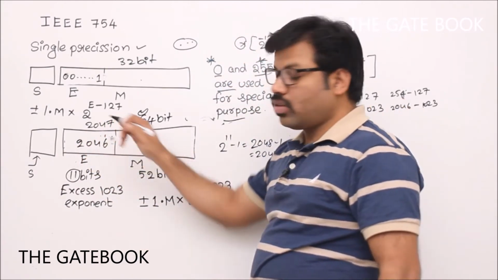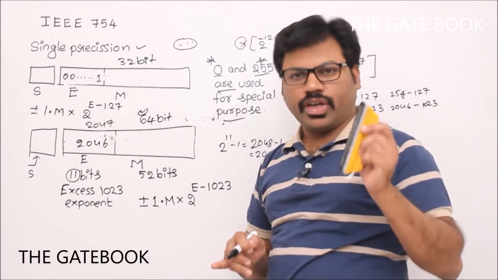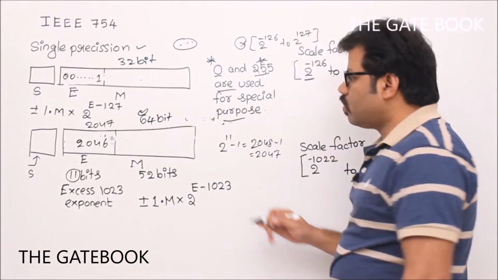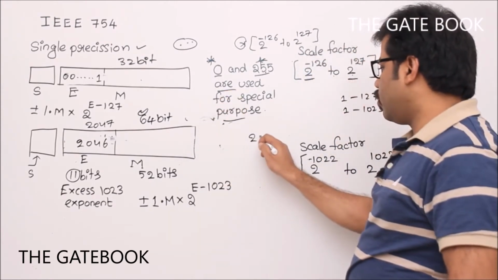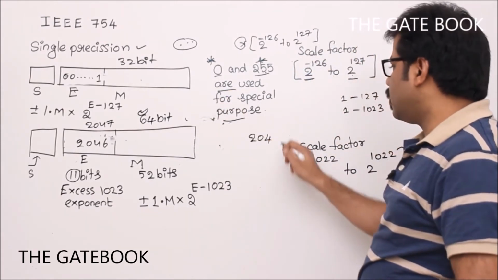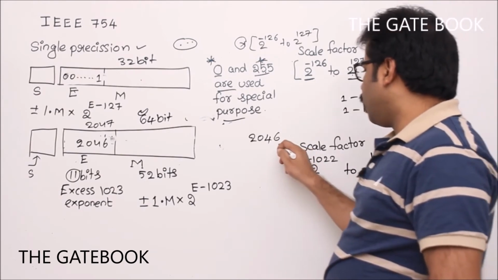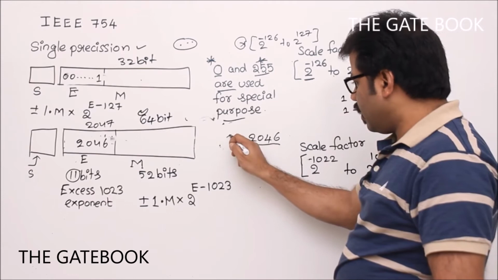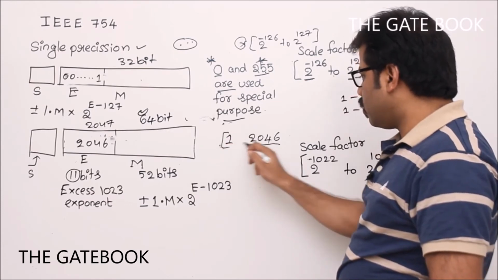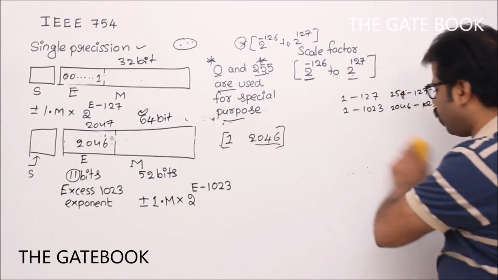So we use 2047 for special purpose. I am going to explain. Okay. So 2046 here is the highest number we can write. So remember it, 2046. Now question is here. Either you can write minimum 1 to 2046, then what is the scaling factor you are going to get? We will see.